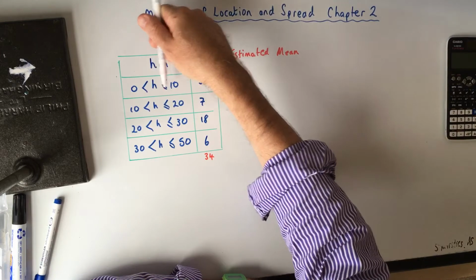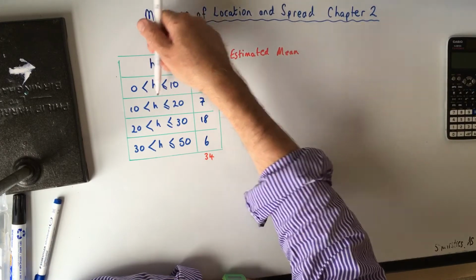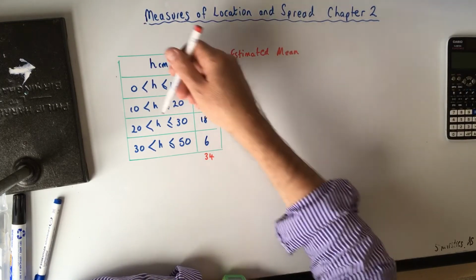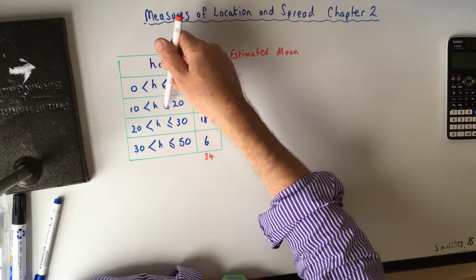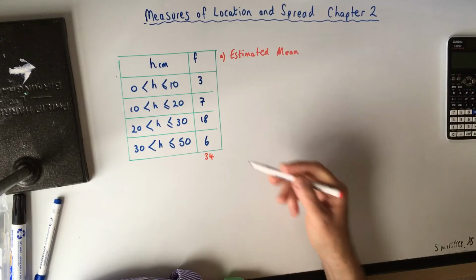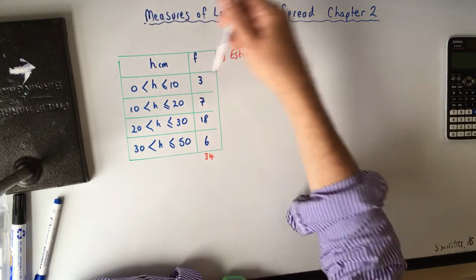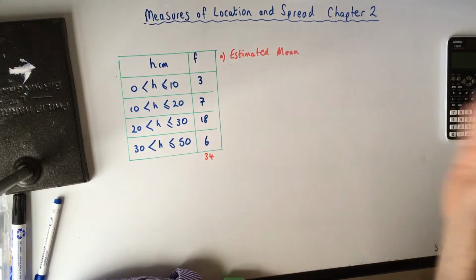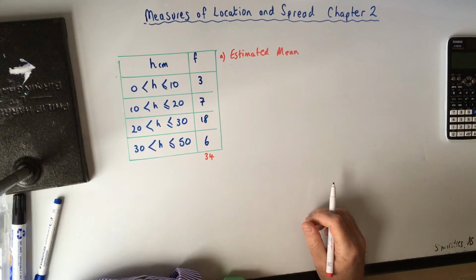So we say we've got 3 at 5 centimetres, so we're going 5, add 5, add 5, add 7 of them at 15. So we're going 5, add 5, add 5, add 15, add 15, add 15, and so on. But a quick way of doing it is to go 5 times 3. That gives us those 15, the height of those 3 added together.